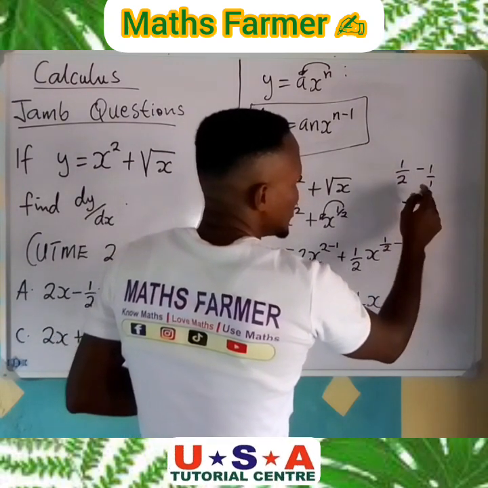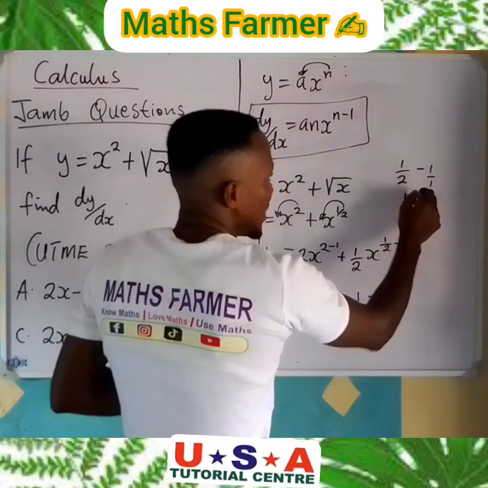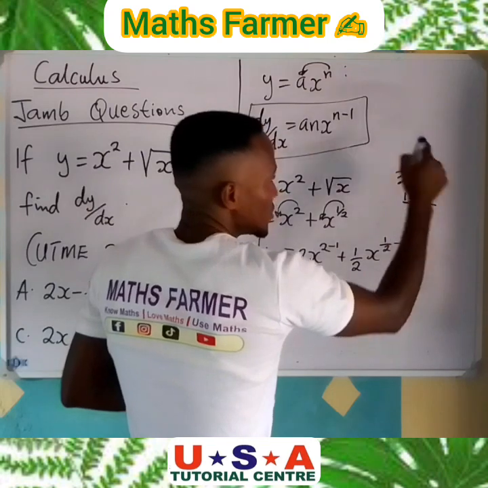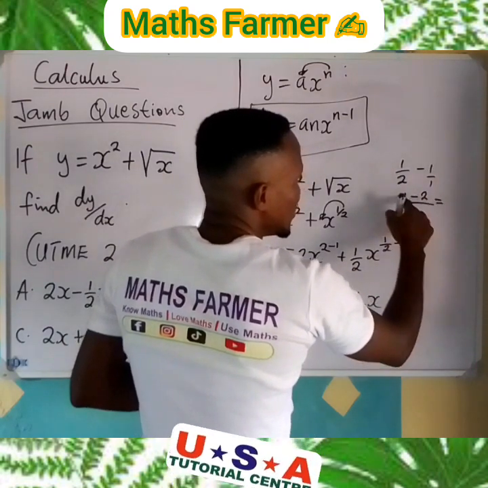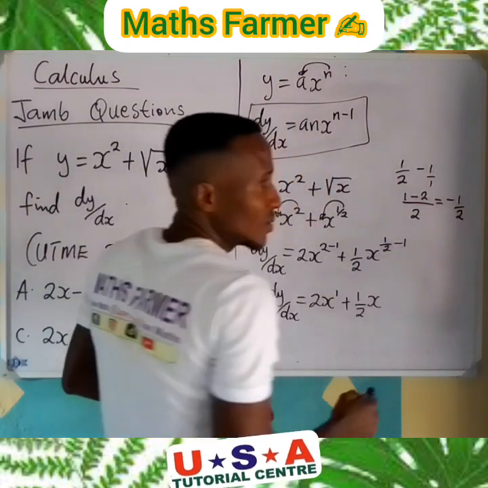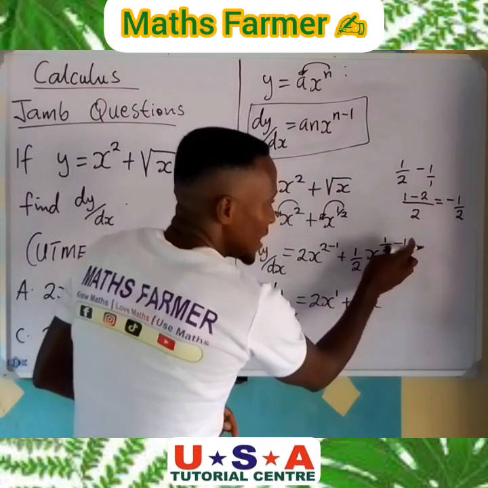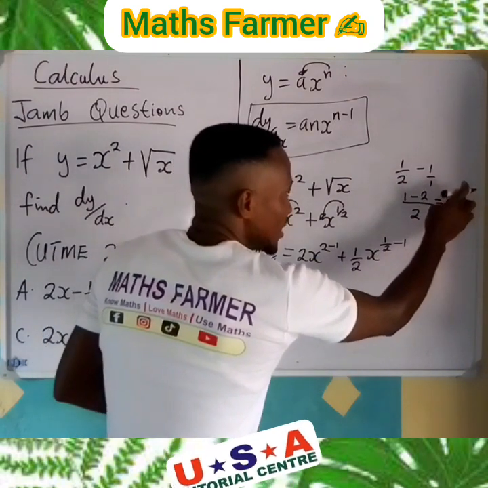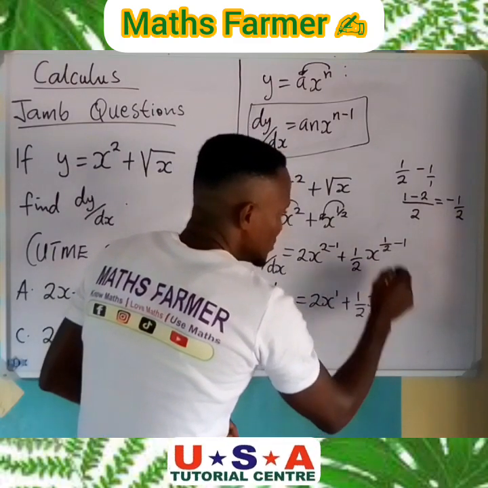Over 1. LCM is 2. 2 divided by 2 is 1. 1 times 1 is 1. Minus 2 divided by 1 is 2. 2 times 1 is 2. So 1 minus 2 is going to give us minus 1 over 2. Can you see it? So when you solve this, half minus 1 is going to give us minus 1 over 2. So I'm going to write minus 1 over 2.